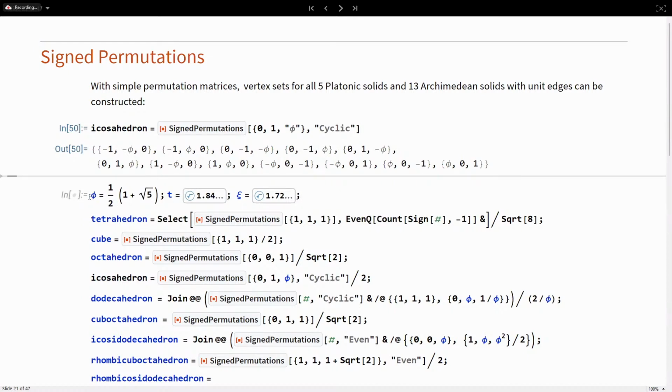So here I've got up here 3 values: the golden ratio, the Fibonacci ratio, and I forget what this one is. This is a value used in the snub dodecahedron.